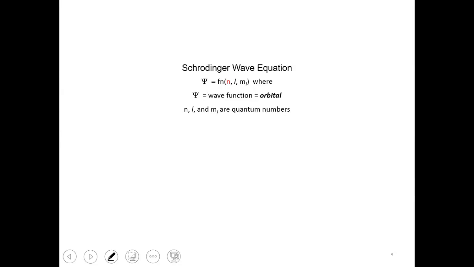The wave function is going to be called an orbital. It's a little unfortunate because it sounds like orbit, and it reinforces the concept that the electron is orbiting the nucleus, but it's not that way. However, orbital is the name of the wave function that will have particular values of n, l, and m sub l. And these three are called the quantum numbers.